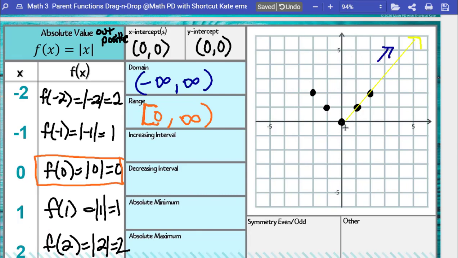So this graph is increasing starting at 0 for the x values, and then it's increasing across infinity because of this arrow. So this part of the number line has y values that are increasing.